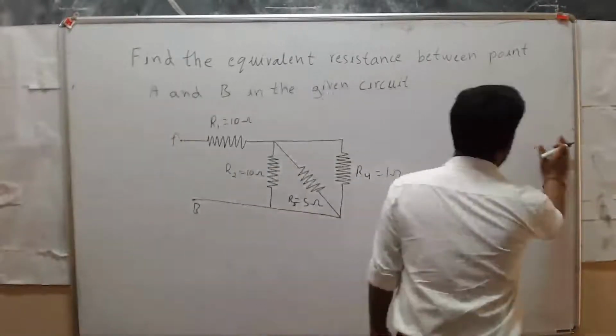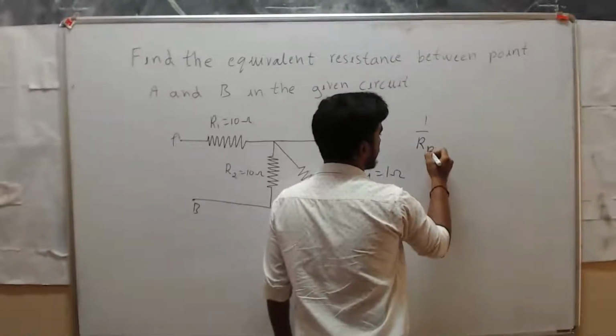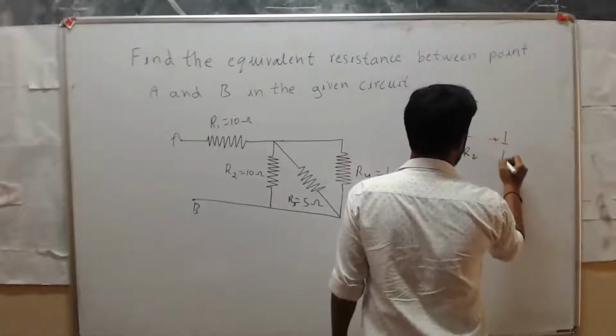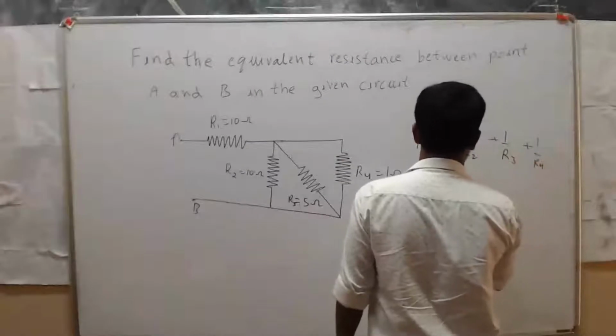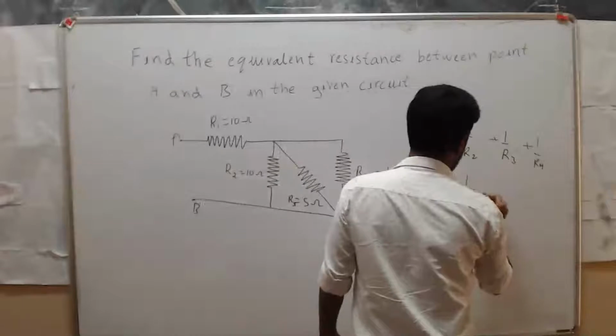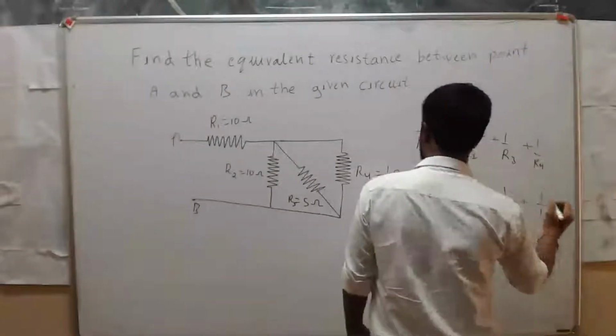We know the formula for resistors in parallel. So I will take 1 by Rp is equal to 1 by R2 plus 1 by R3 plus 1 by R4. So choose the values and tell me the answer. So R2 is 10 ohm, R3 is 5 ohm, R4 is 1 ohm.